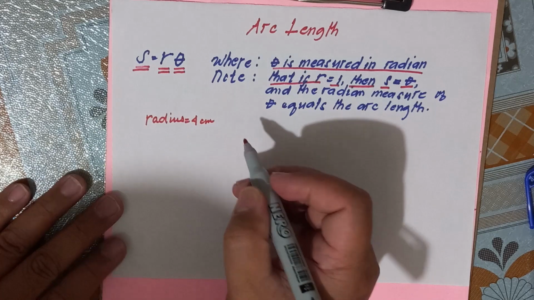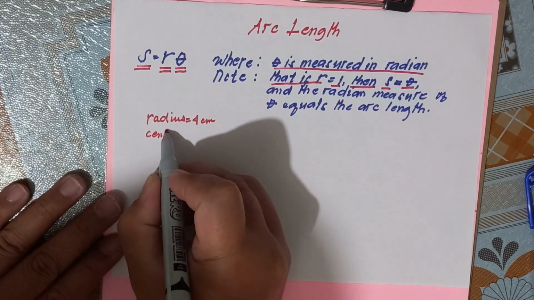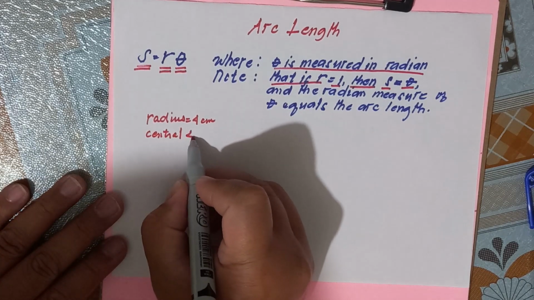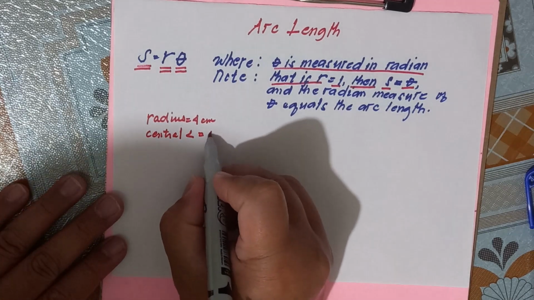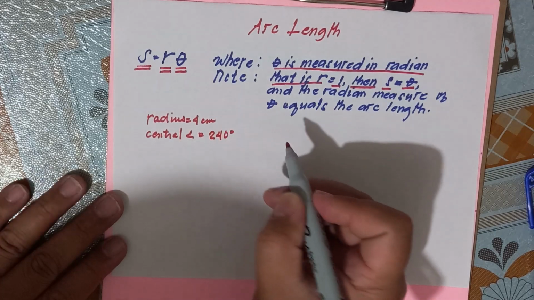Now the central angle is equal to 240 degrees.